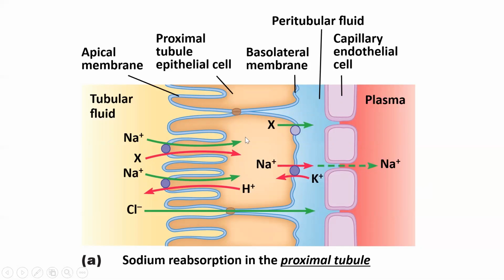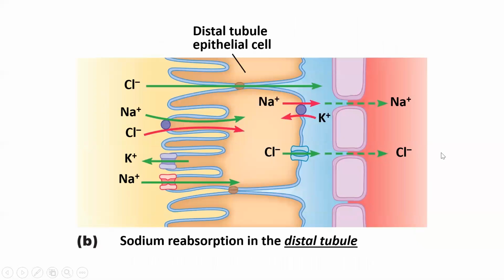There's decreased sodium in the cell because of the sodium-potassium pump, so we already have a sodium gradient. So higher sodium here, less sodium here creates a passive movement of sodium. And then it's going to be actively pumped across the basolateral surface using the sodium-potassium pump. So this is how sodium is reabsorbed from tubular fluid into the blood vessels.